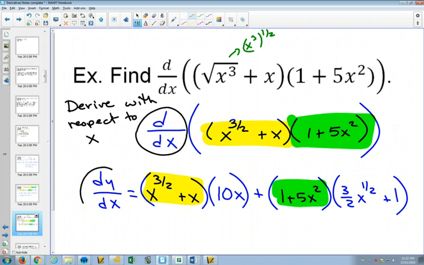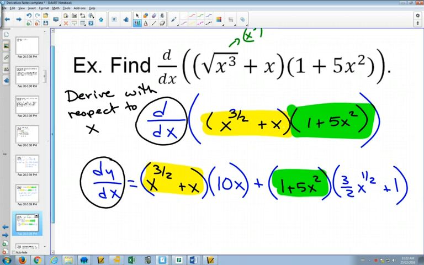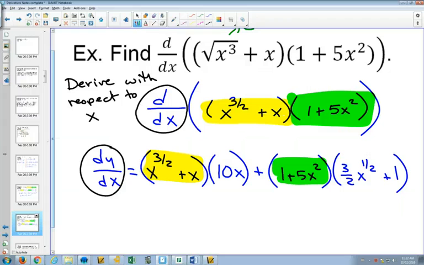When we write our answer, dy dx, in short form we can say this is the derivative. If we want to be more explicit, the derivative of the function y with respect to x is.